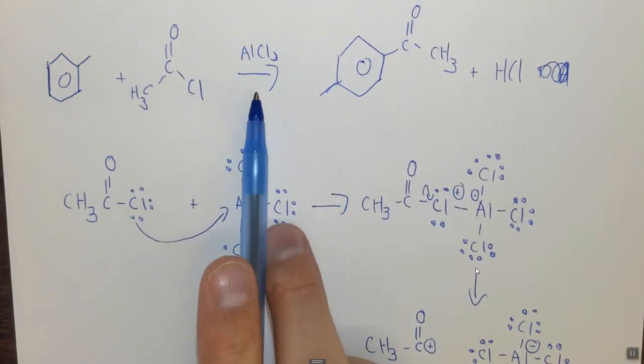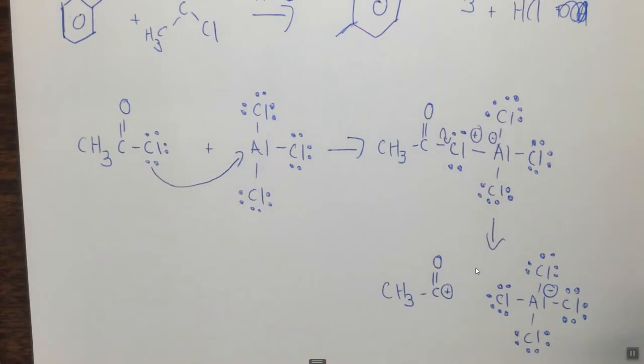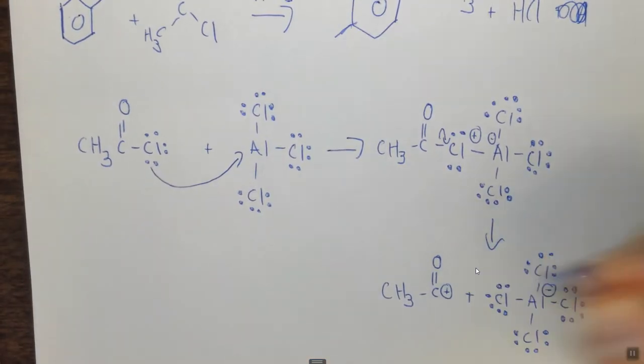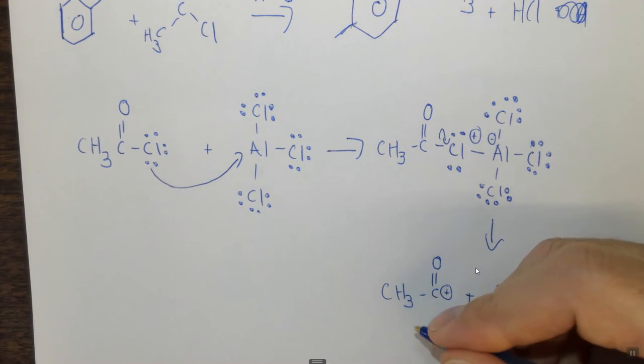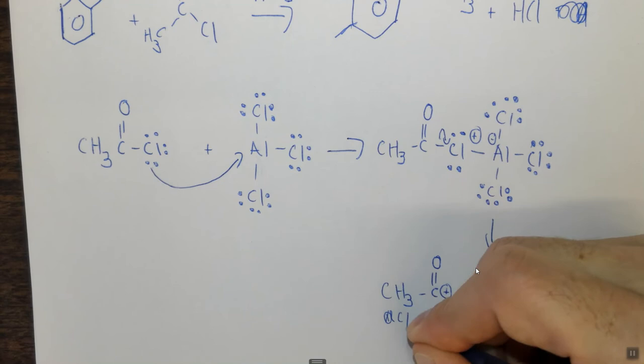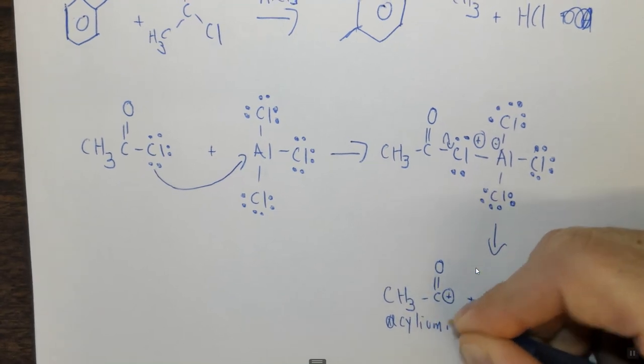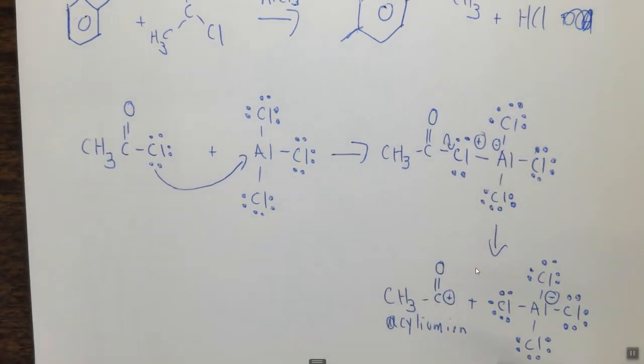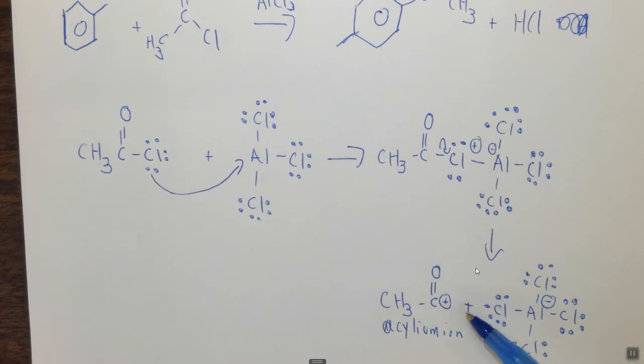Said another way, it's a catalyst because it's reformed. However, what is important here is that we have formed what is called the acylium ion. And the acylium ion, this positively charged species here, is a very good electrophile.